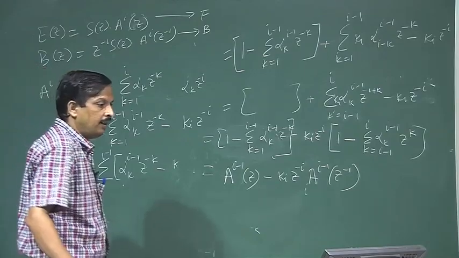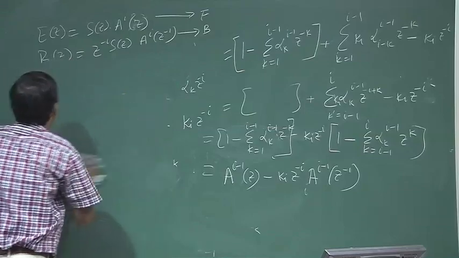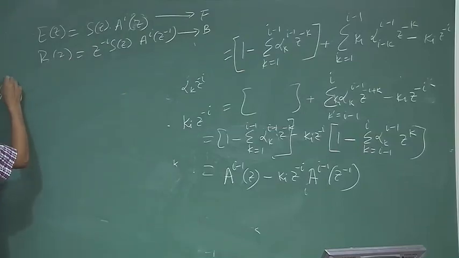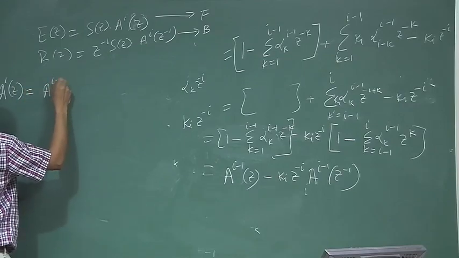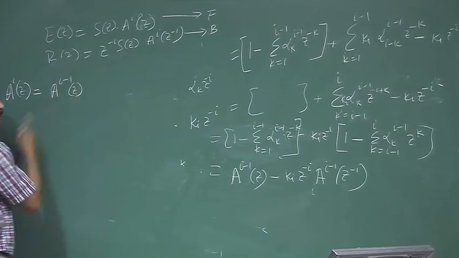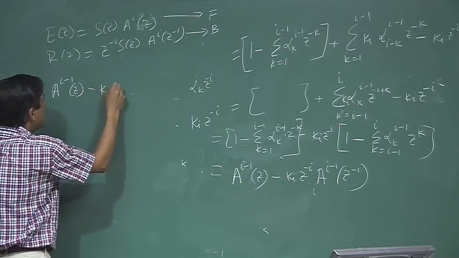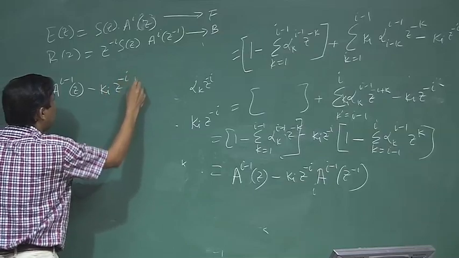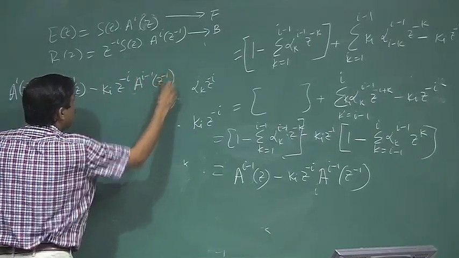So I can say that the prediction error filter A i z can be expressed as A i minus 1 z minus k i z to the power minus i, A i minus 1 z to the power minus 1.